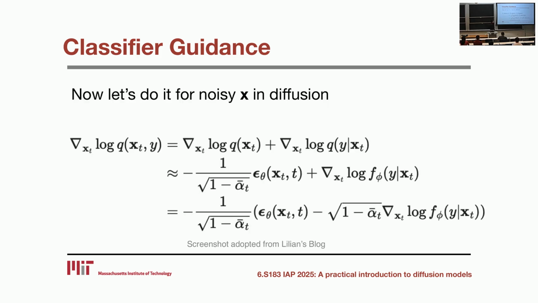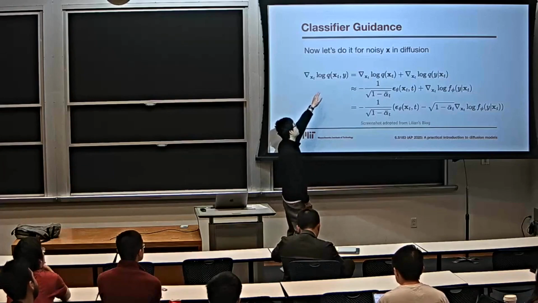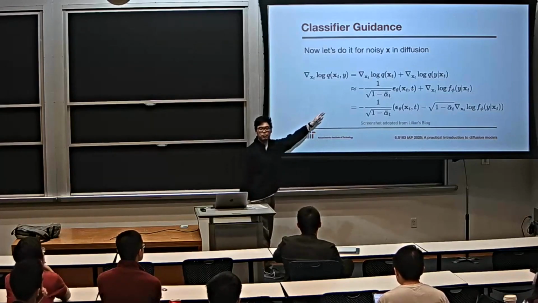Okay, now we've noticed that, and let's just assume that we have such a classifier for your noisy x. What will happen? Now let's do it for noisy x in diffusion. So I want everyone to consider this term. This is a joint distribution of x_t and y.